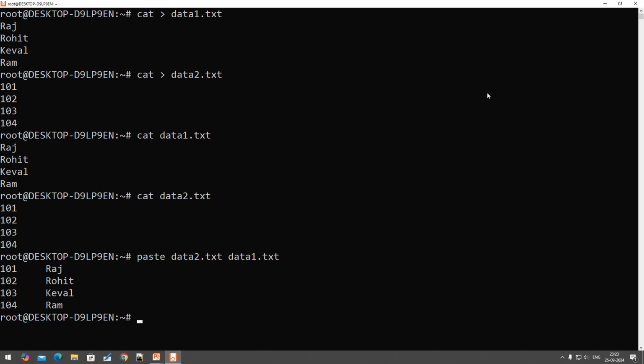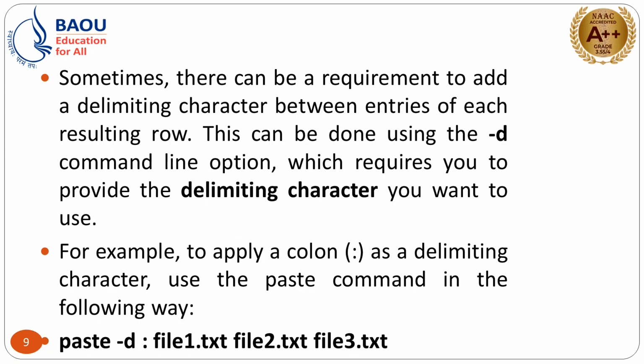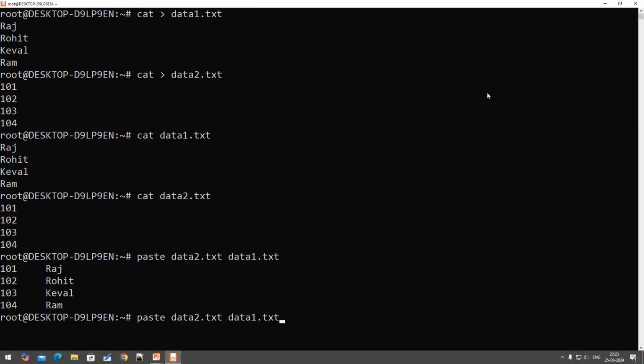In that case, you have to mention a specific symbol for how that data will be separated, right. So for that again you can use the output-delimiter option, as we have already discussed in the cut command, like this, output-delimiter and then colon. The same you can apply here with the paste command also, right.